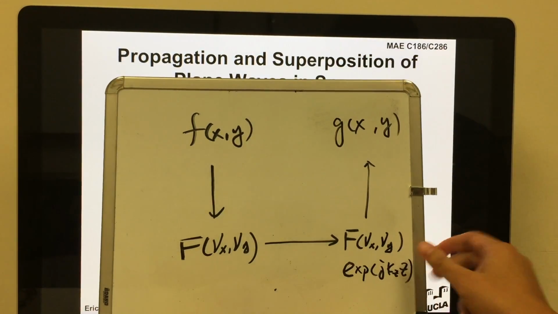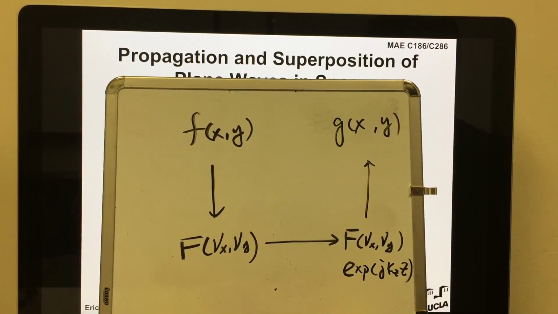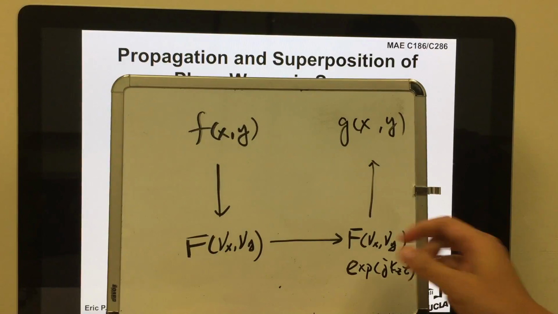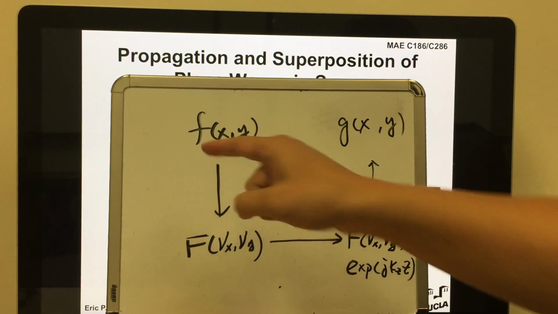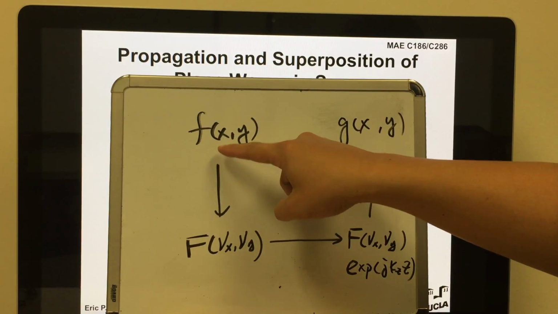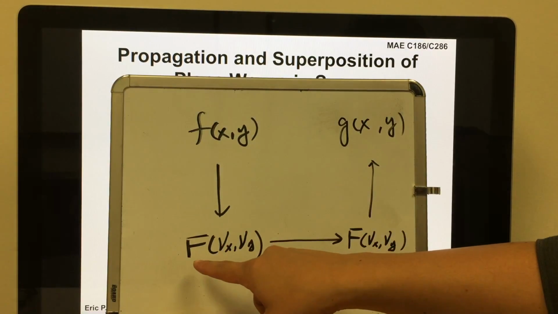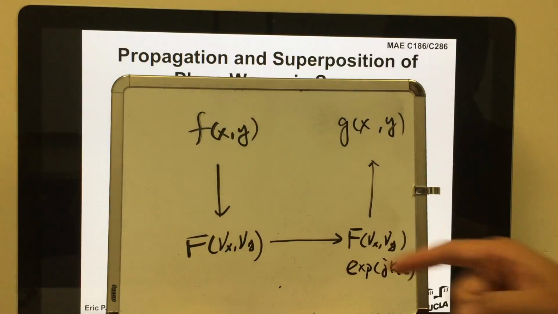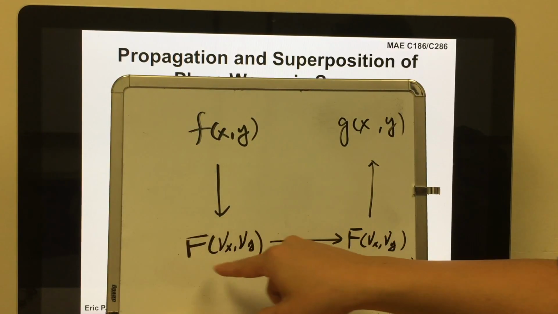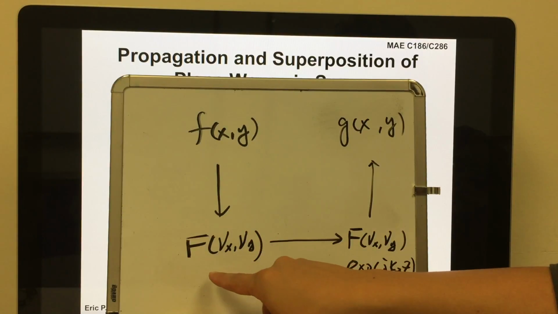So this is the way it works. In the first image plane, you have the function f of x and y. You decompose it into its elementary functions and do a Fourier transform. And you know the different components and what amplitude you have.